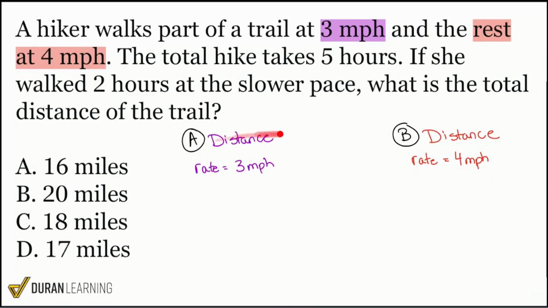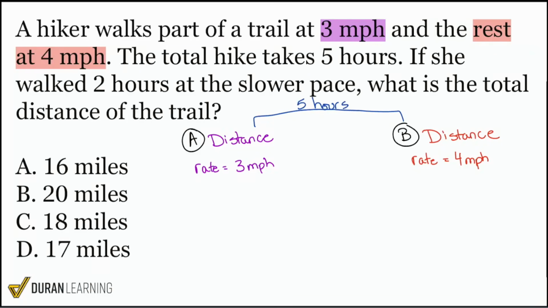Part A is the first part. Part B is the second part. What is this word here? Total. This says total. The total hike takes 5 hours. Does it make sense that total hike, 5 hours, means that both of these together take place over 5 hours? Does that make a little more sense now that we think about it in that way?